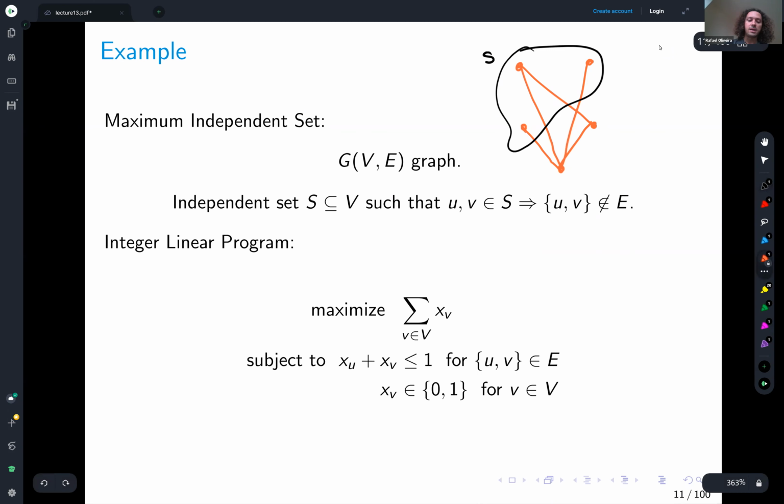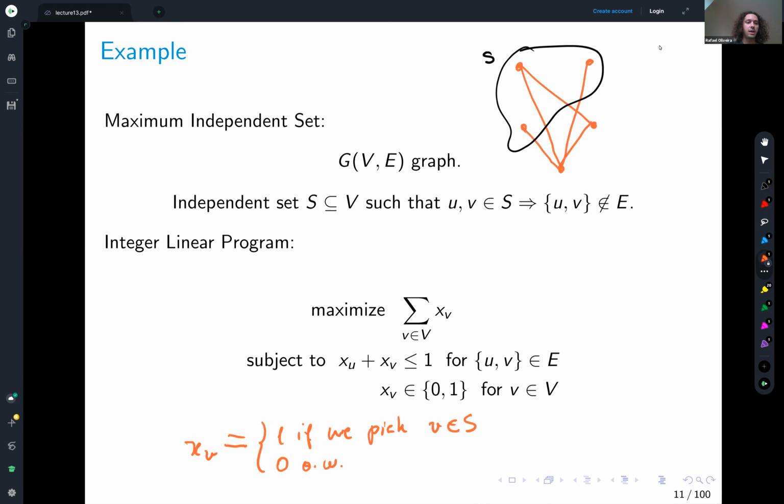So what is x_v encoding? x_v is going to be 1 if we pick v in S, in our independent set, and 0 otherwise. That's how we encode the variables. And that's why we have these constraints. These are the integral constraints, just saying x_v can only take value 0 or 1.